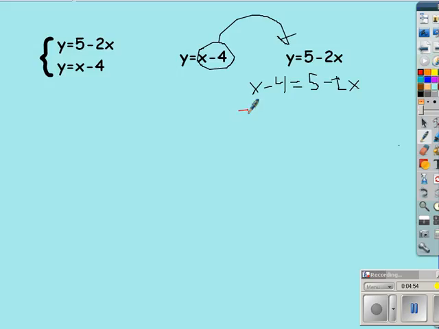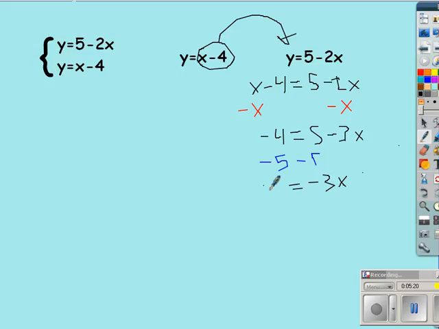I'm going to subtract x from both sides. To get my x's all together, I've got negative 4 equals 5 minus 3x. And finish it up here. We're going to subtract 5 from both sides. I'm going to get that negative 3x. Don't forget that minus sign stays with the 3x.